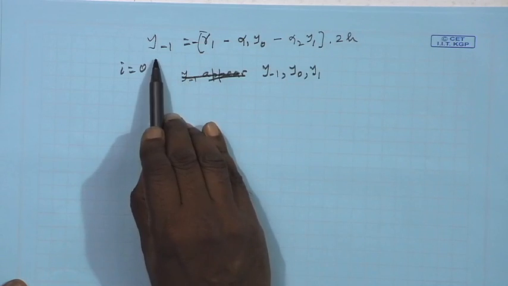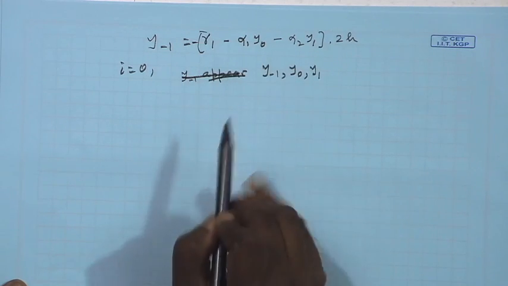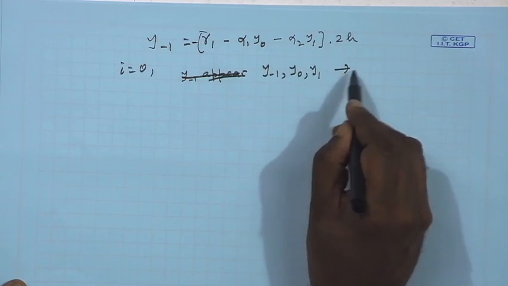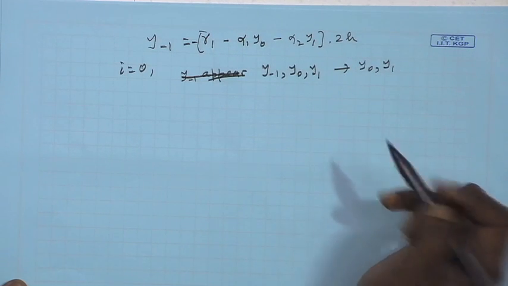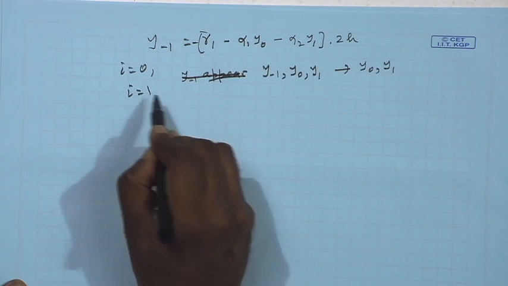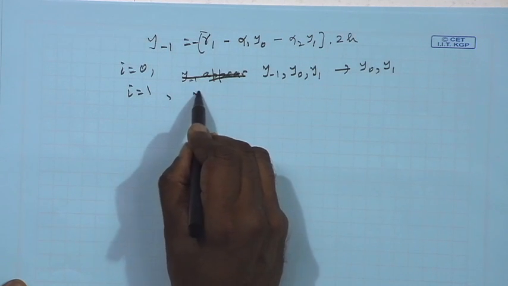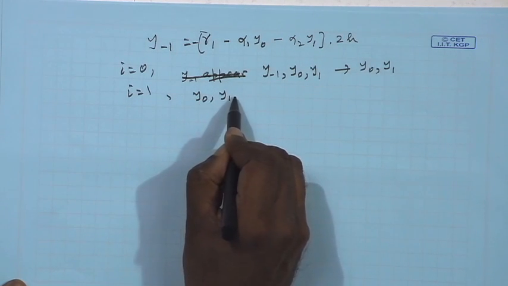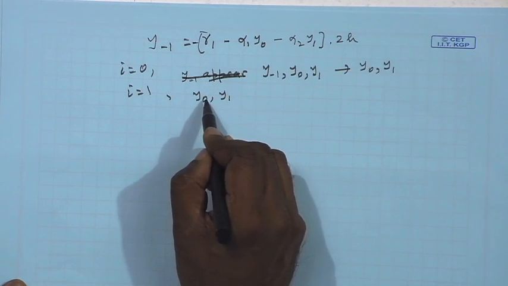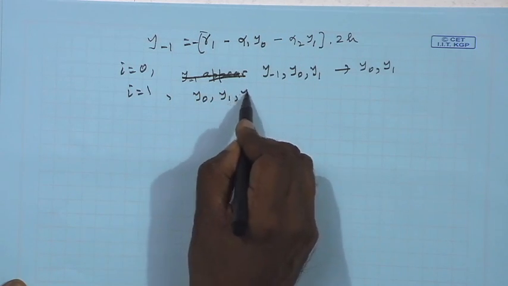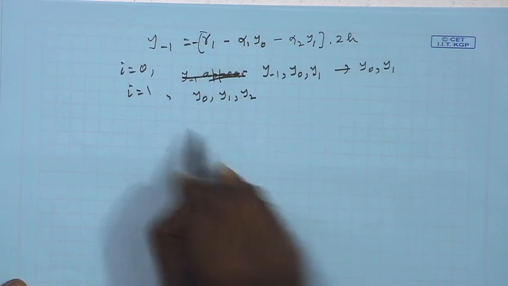Once I replace y minus 1 by y 0 and y 1, it will involve only y 0 and y 1. The remaining equation, i equal to 1, involves y 0, y 1, y 2. So, that is a tridiagonal.